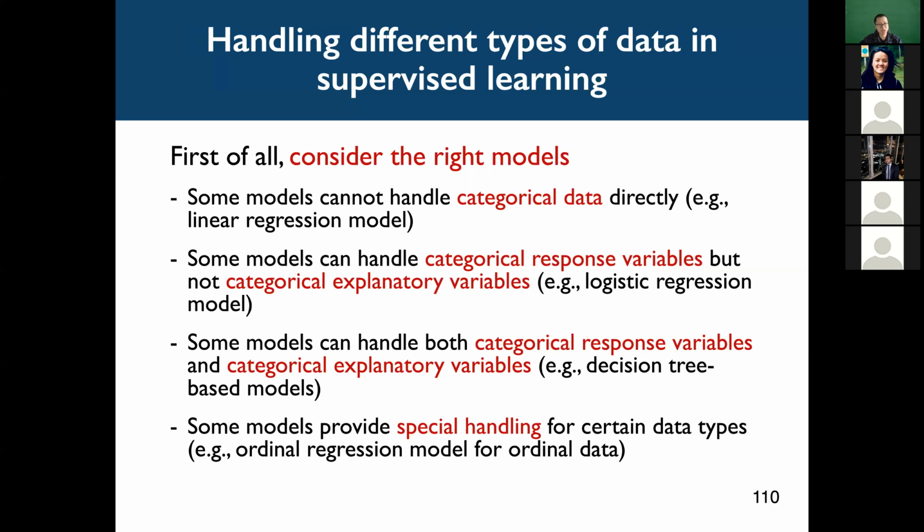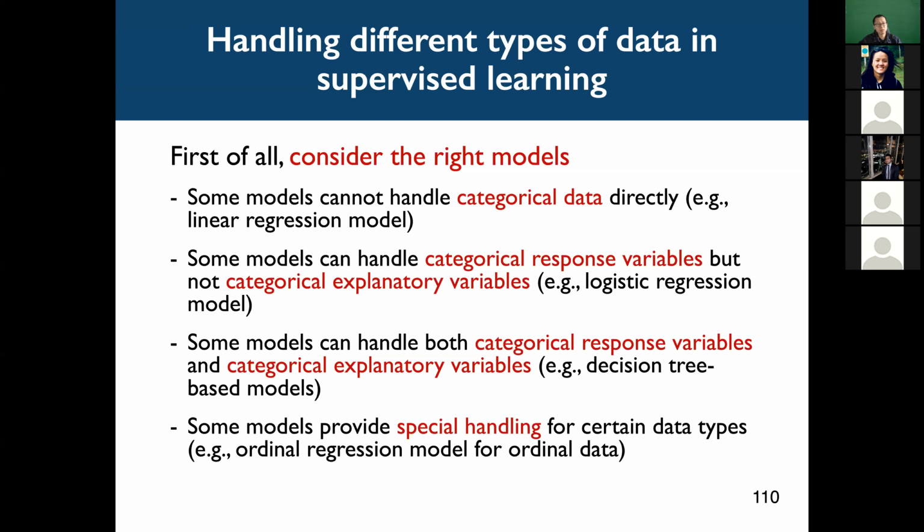We'll discuss how we can do the conversion later. Some models can handle categorical data. In this case, you can just use the categorical data, right? There are many different types of models that have different requirements for the data format. Okay, so in order to use the right model for the right problem, just check the requirements of the model.